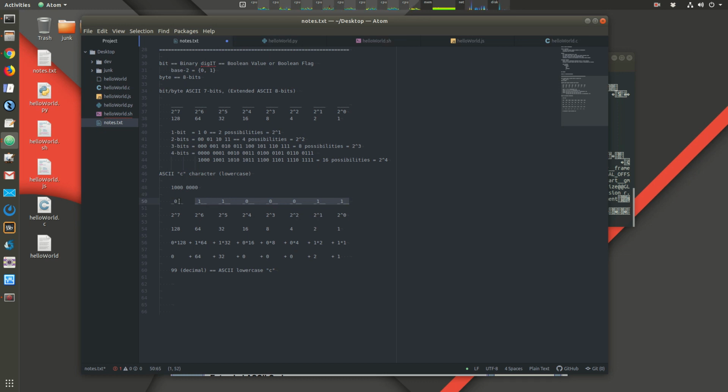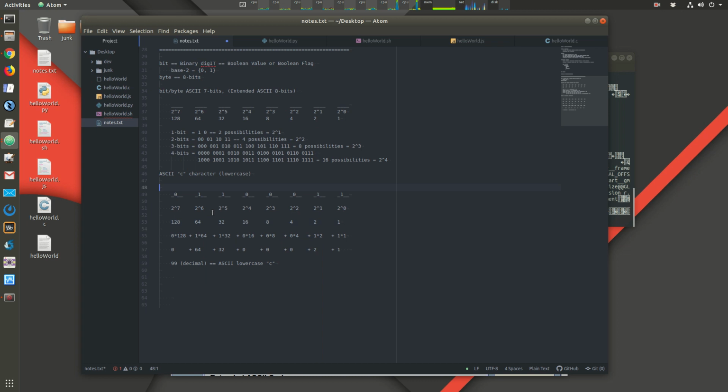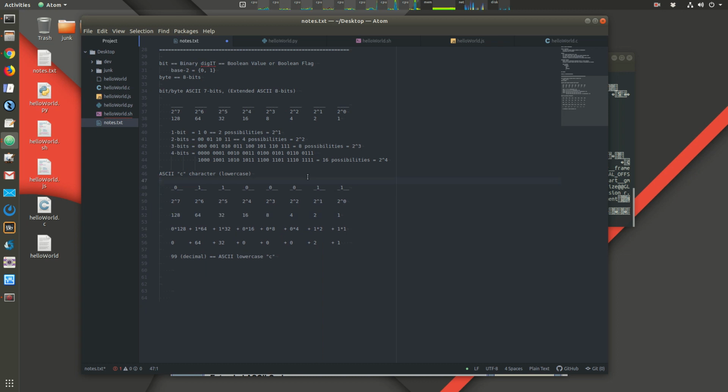All right, so 2 to the 8th is 256, and that's how many 8-bit binary numbers you can write. So remember, it's the base to the power.